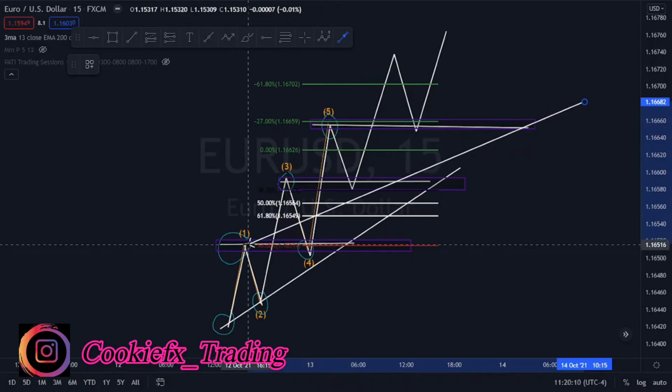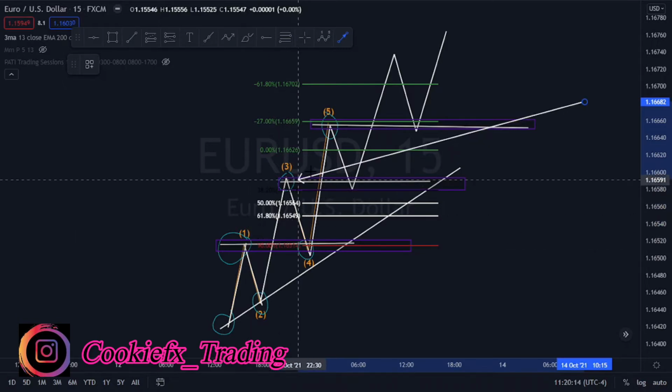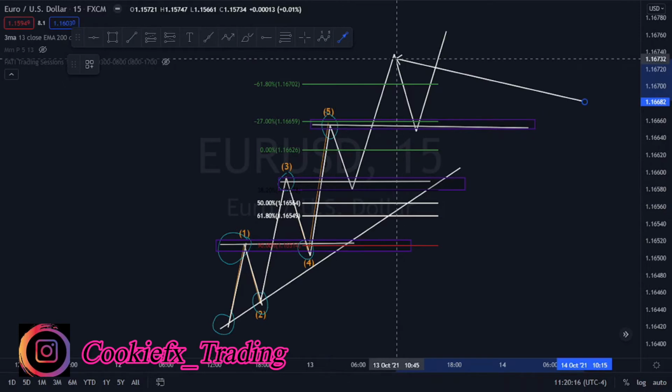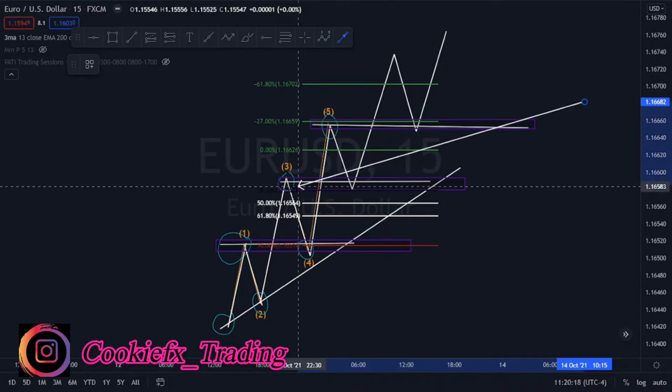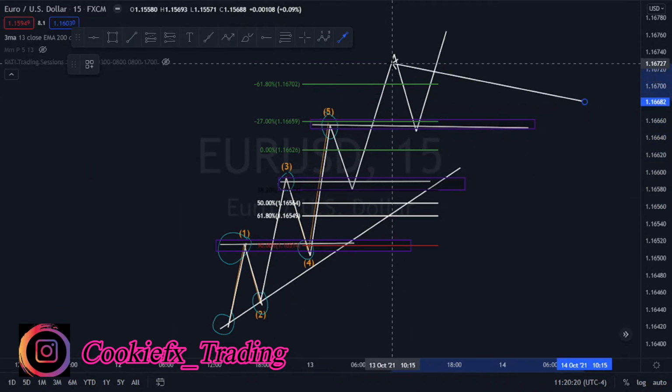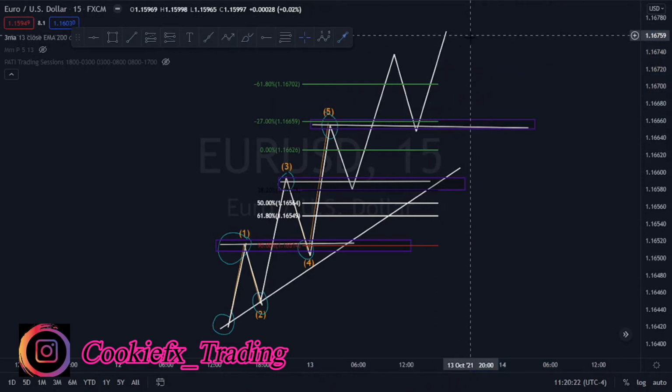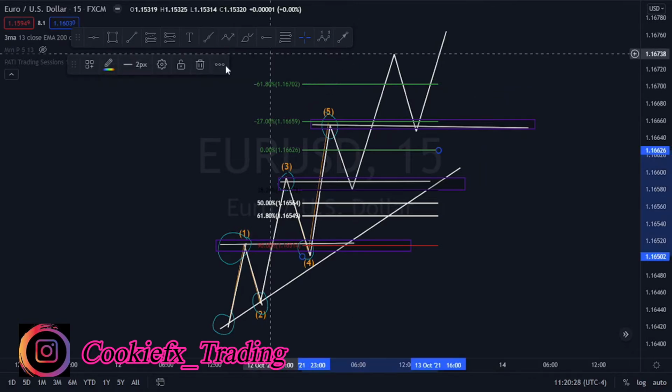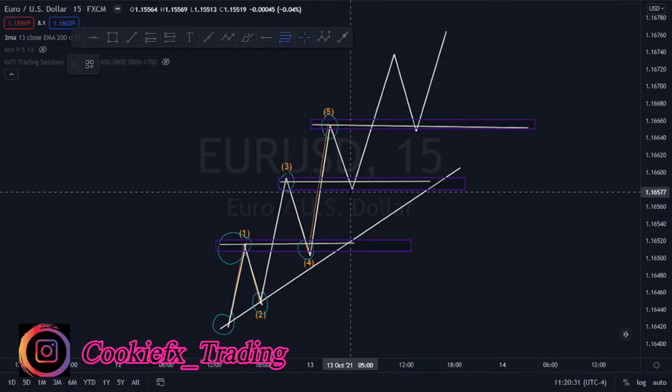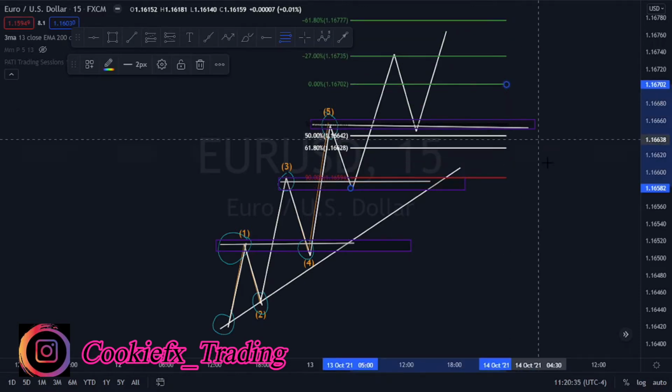Same exact situation here. 0.1 is the high, 0.3 is the high, 0.5 is the high, 0.7 is the high. Anytime it breaks these highs, it's continuing on its original trend. Okay, so it's the same thing for 0.6 to 0.7. It's breaking structure to the upside.